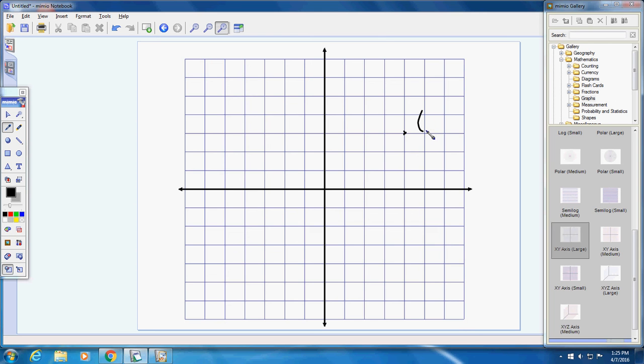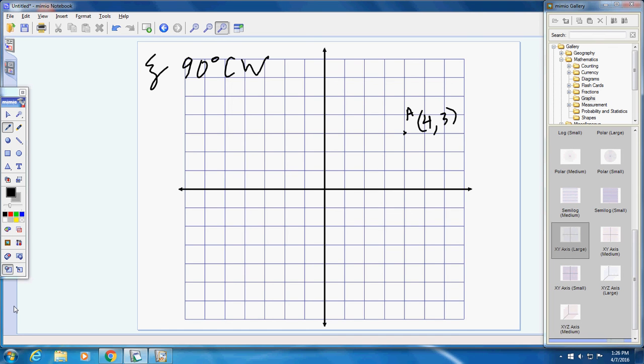I'm putting this point at 4, 3. I'll call my point A so that our image point is A prime. Now let's see what happens if we do a 90 degrees clockwise turn.